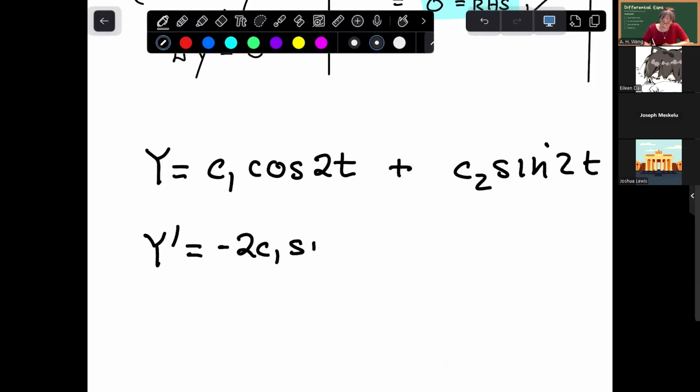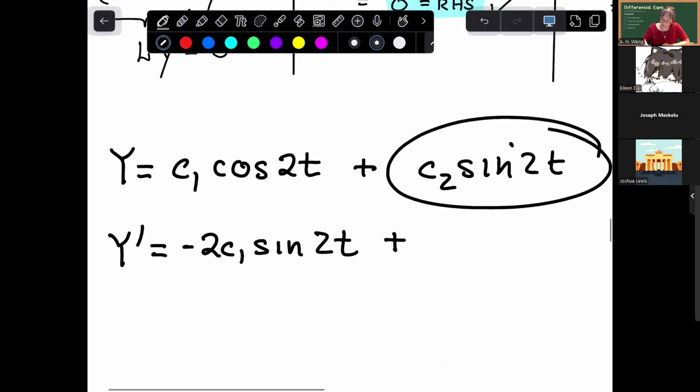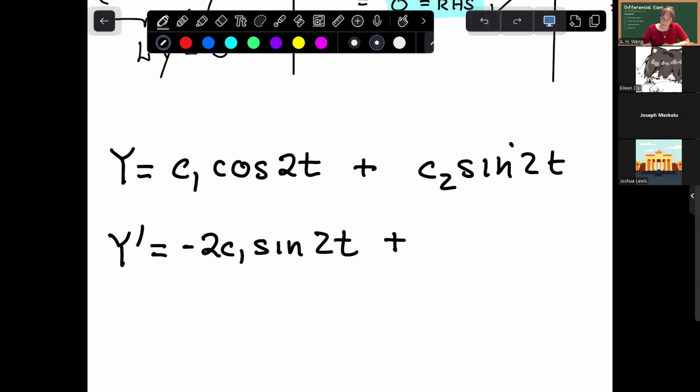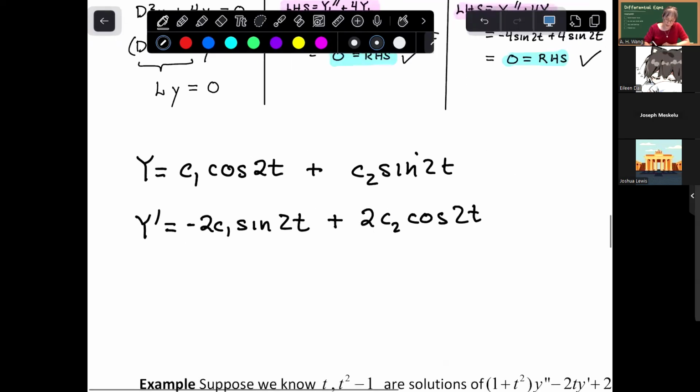Perfect. Next guy. What's the derivative of this? 2C2 cosine 2t. Perfect. Now remember, the y is in reality y of t. You don't need to write it down, but you could if you wanted to.